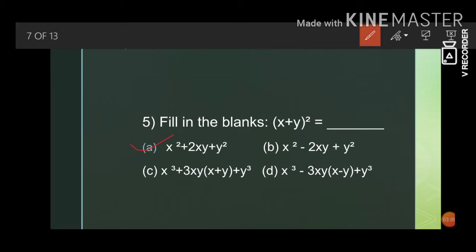Now fill in the blanks. We have an identity. We have to fill the blank of this identity. So we know x plus y whole square is x square plus 2xy plus y square. So out of it our correct option is option A.